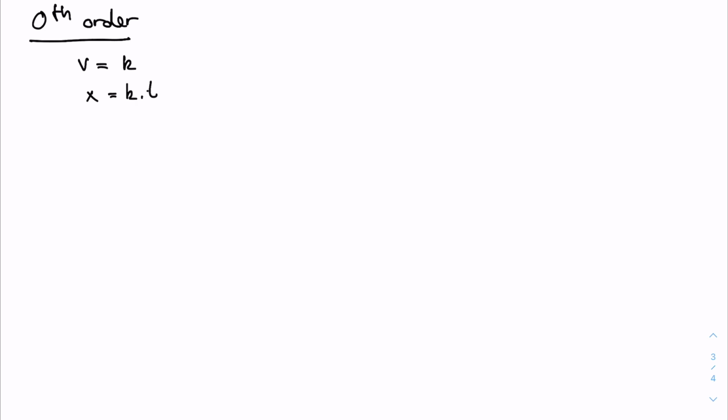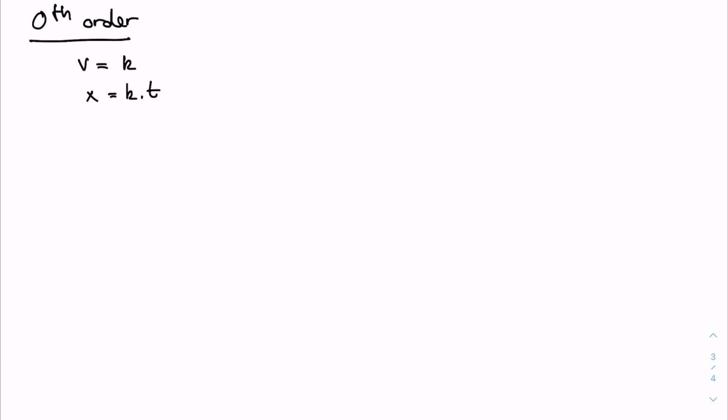Let's start very simple. So we start with 0th order. For a 0th order reaction, the rate equation is very simple. It's just equal to the rate constant. So if you are measuring some concentration, it will be just K times t, right?